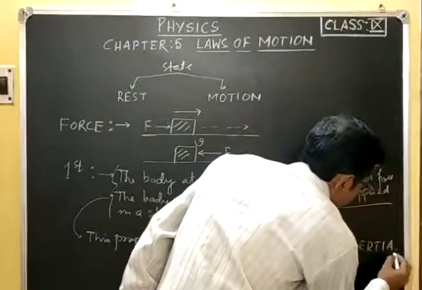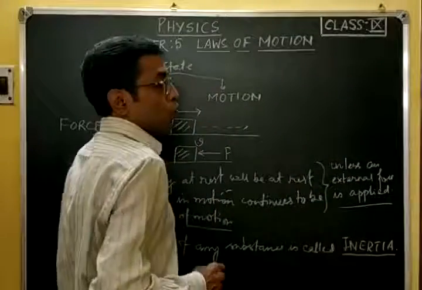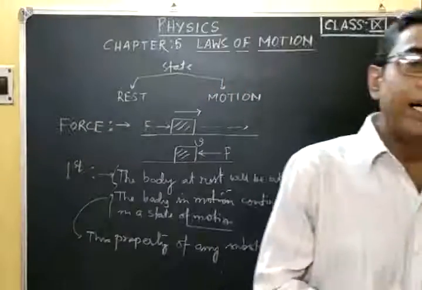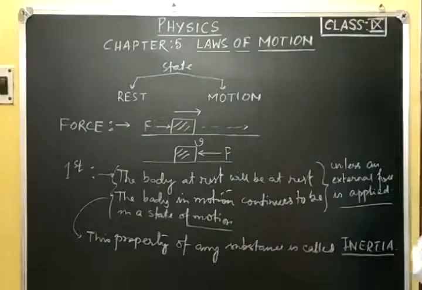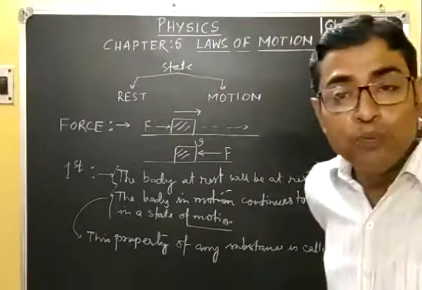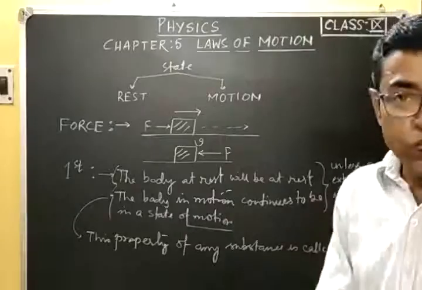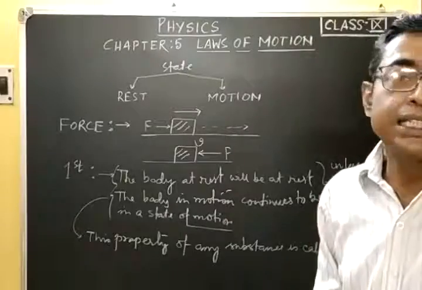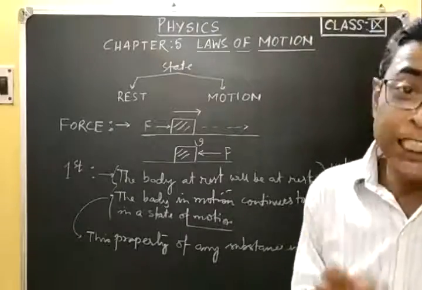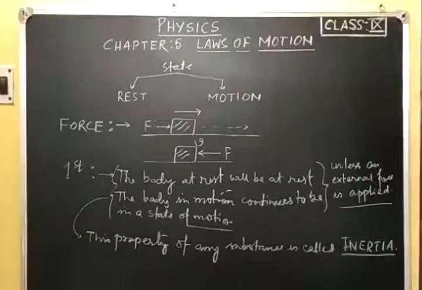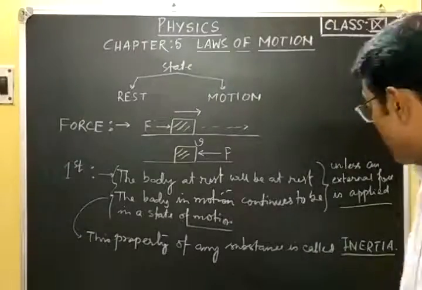So what is inertia? The body at rest tries to be in the condition of rest. The body in motion tries to be in a state of motion. This property of a body is called inertia of the body.